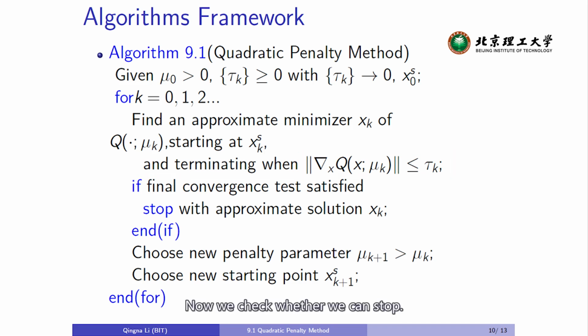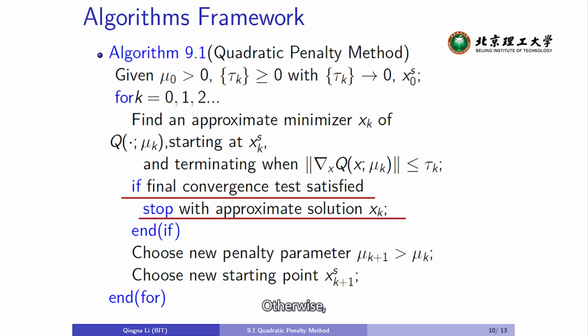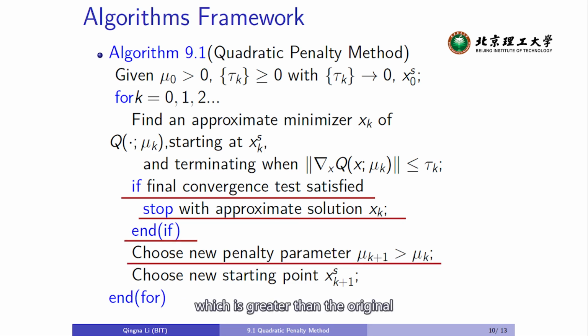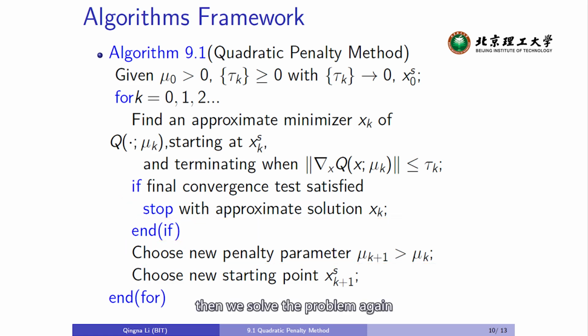Now we check whether we can stop. If the final convergence test is satisfied, then we stop. Otherwise, we choose a new penalty parameter which is greater than the original one. Then we solve the problem again with the starting point x^s_{k+1}.